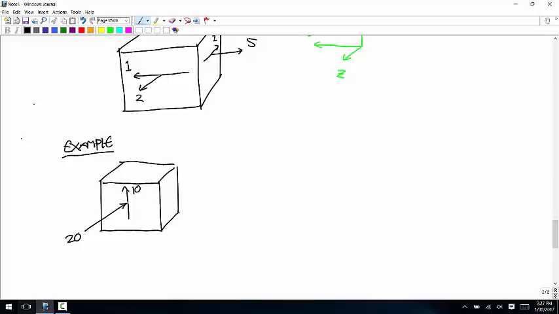This is 20 megapascals. And then 2 is going this way. And then on the top, we have 50 megapascals going in. And then symmetry says that this also has to be 10.